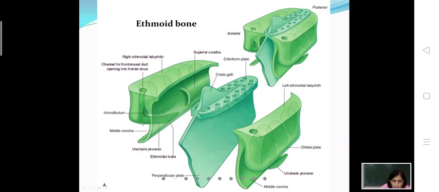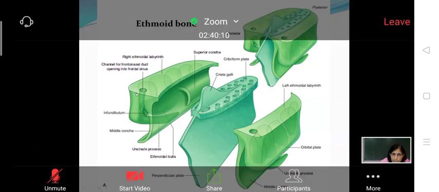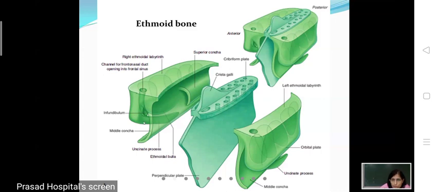You could appreciate one process here. This process is present on the anterior border. This goes posterior-inferiorly. This is called uncinate process. This uncinate process covers the maxillary hiatus.